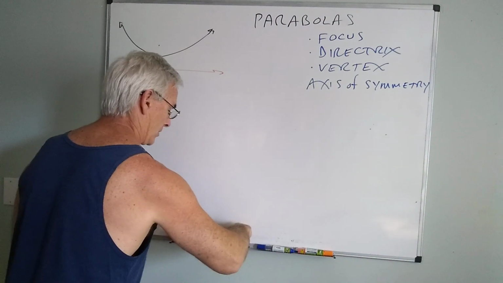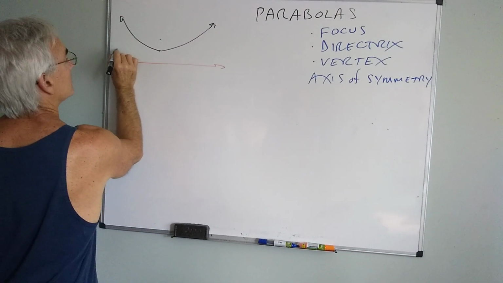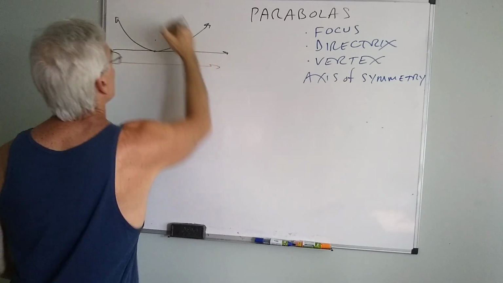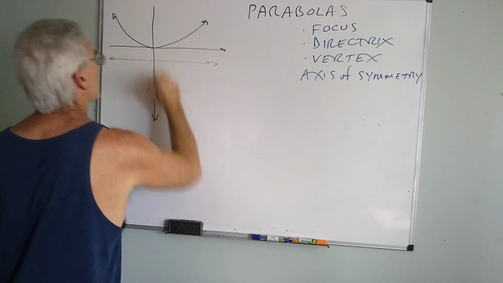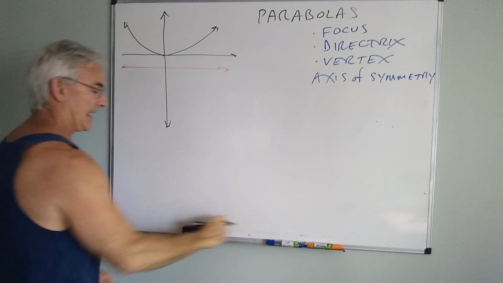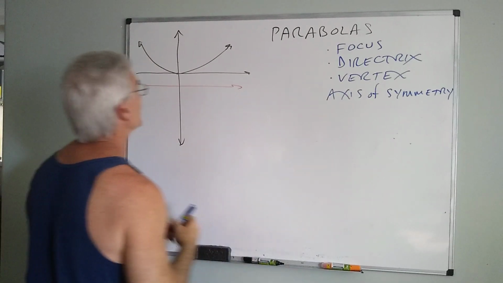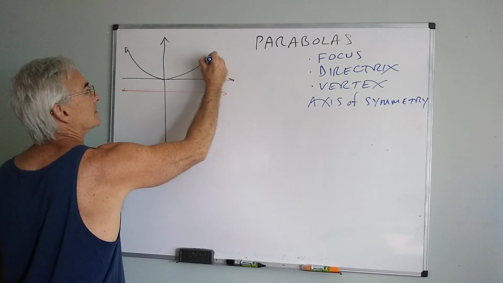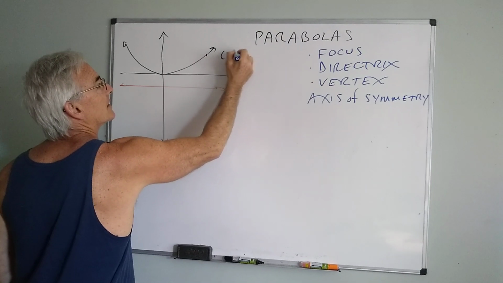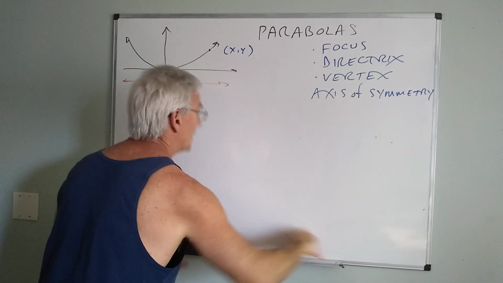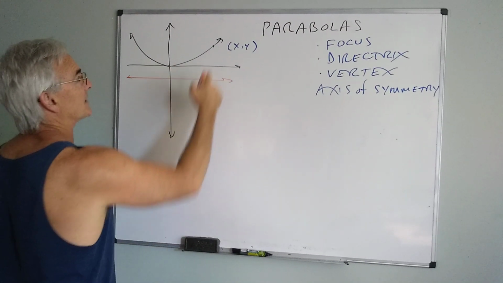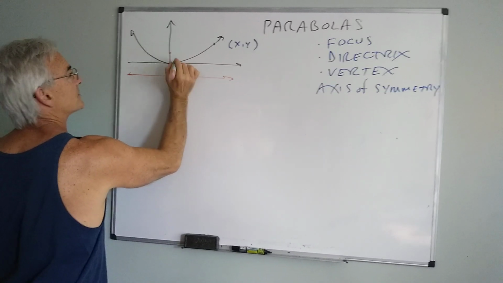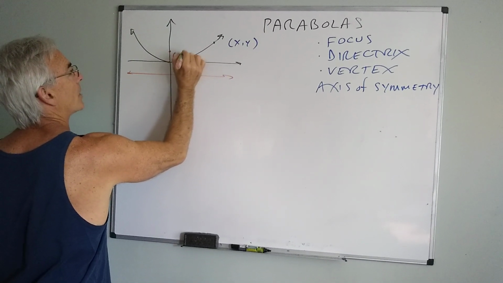So if I draw xy axes right now, and I use the definition, which is the set of points equidistant from the two, then what I want to do is take the point x comma y, and let's take our focus, let's call that 0 comma p.